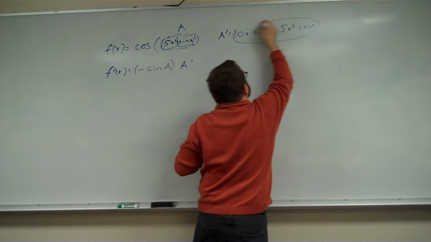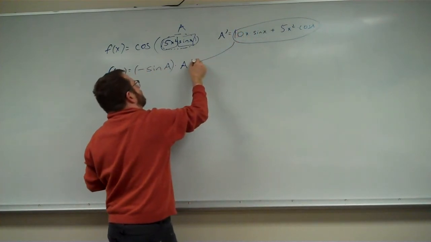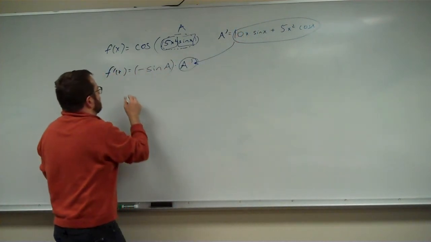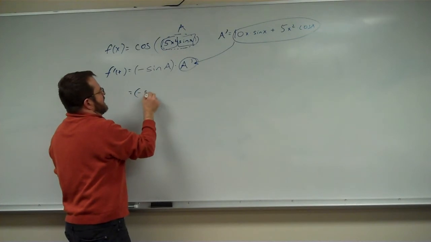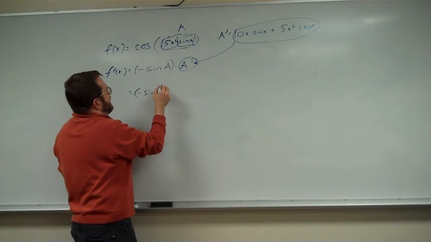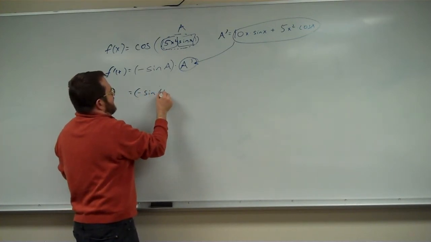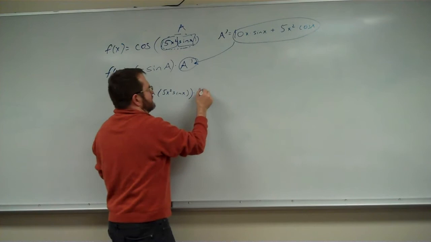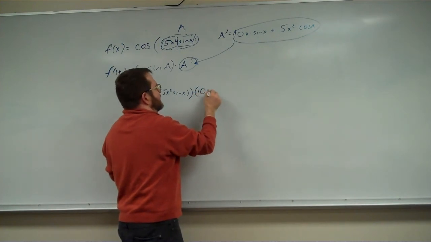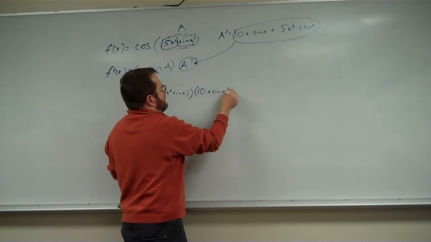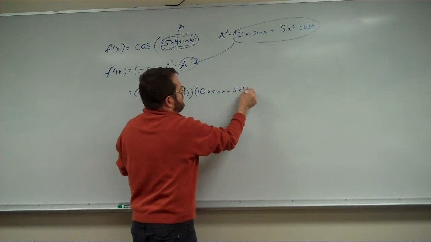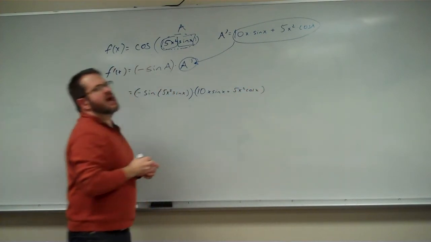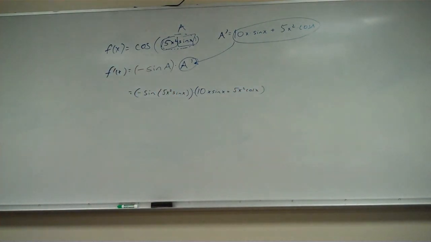So this beastie, which is a prime, will go into here. And you get negative the sine of a, but a is 5x squared sine x, times that whole thing, 10x sine x plus 5x squared cosine x. Oh my god! These things can get very messy.